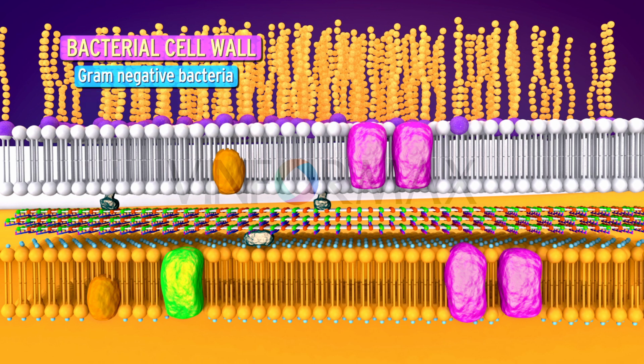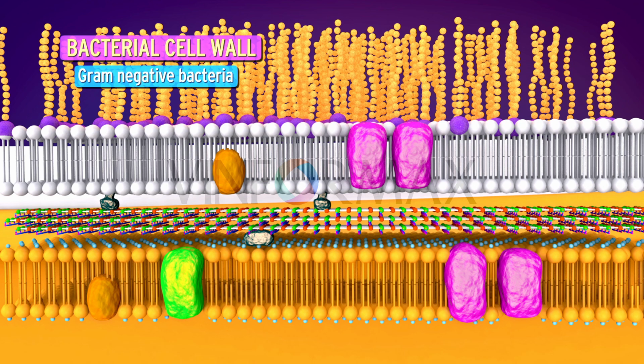Gram-negative cells consist of a relatively thin layer of peptidoglycan, approximately 10 nanometers. There appears to be only 1 or 2 sheets of peptidoglycan, comprising 5 to 10% of cell wall material.